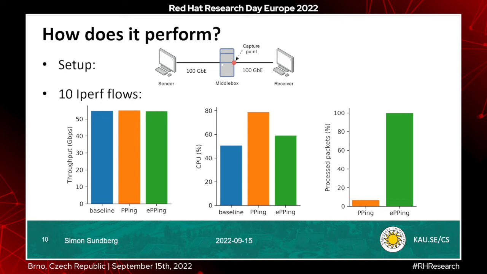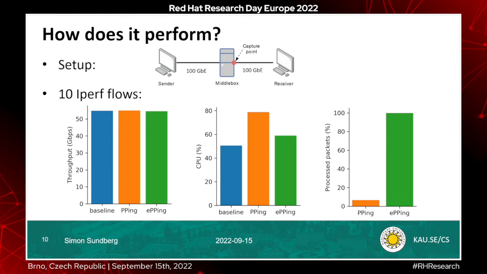So the blue bar here is the baseline of not using any monitoring at all, whereas the orange bar is for the original passive ping that uses packet capturing. And finally, the green bar is for our ePPing application that instead uses eBPF. So, for example, when just running with 10 simultaneous iPerf flows, all of these hit roughly 55 gigabits per second on this particular system.